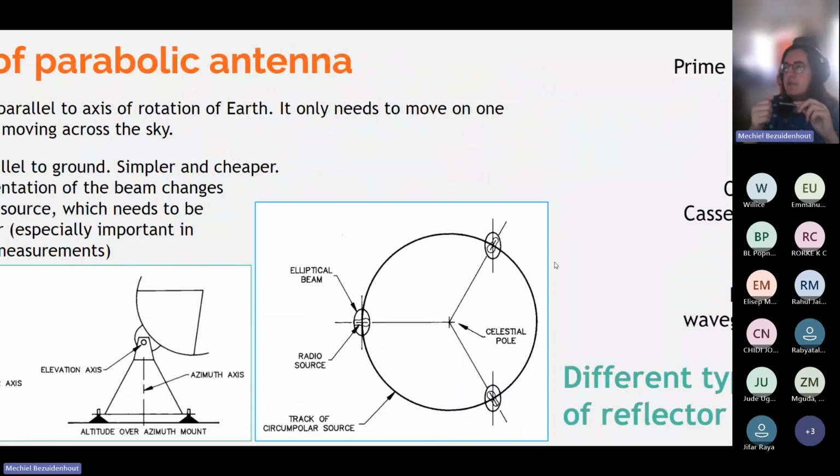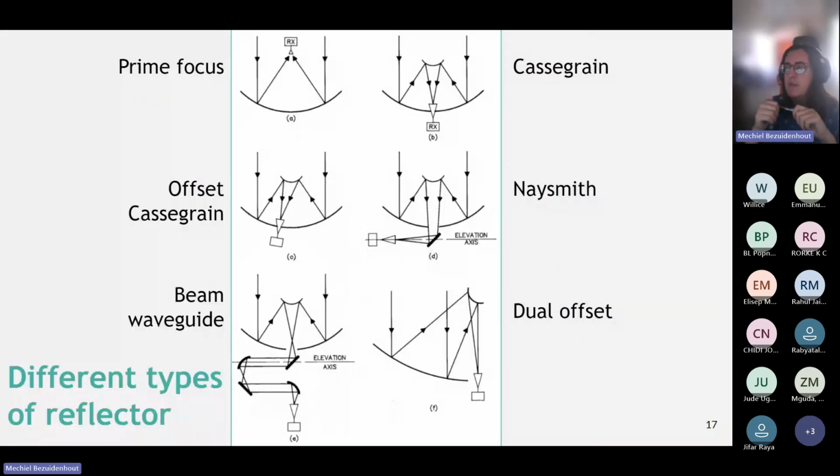But there are different types of reflector as well. The simplest kind is the prime focus dish, where you have a simple reflector dish, and then at the focus of that dish, you have your receiver. An alternative to that is the Cassegrain dish, which uses a secondary reflector.